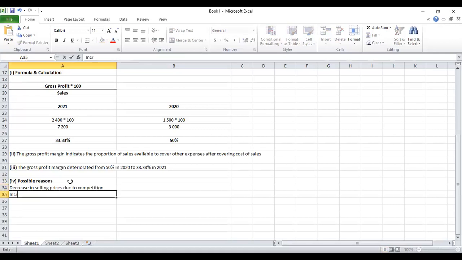Increased discounts given to customers can reduce your gross profit margin. Increases in supplier prices can also reduce it.